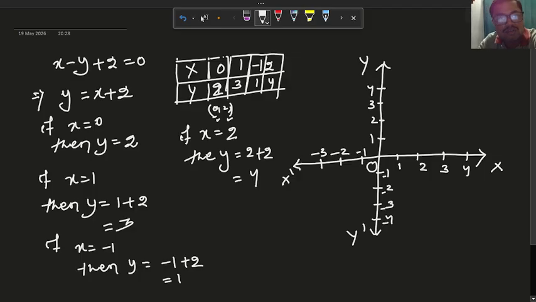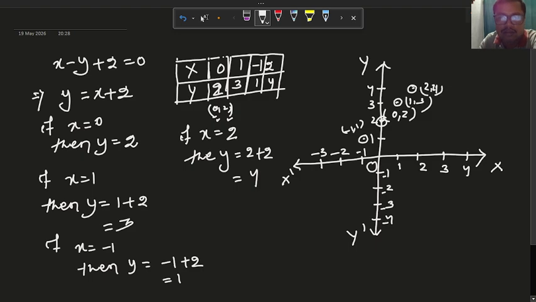So the first point is 0, 2, which means x equal to 0, y equal to 2. That means this point's coordinate is 0, 2. Then 1, 3 will be this point. Then minus 1, 1: x equal to minus 1, y equal to 1, so here will be the point minus 1, 1. Then 2, 4: x equal to 2, y equal to 4, so here will be the point 2, 4.